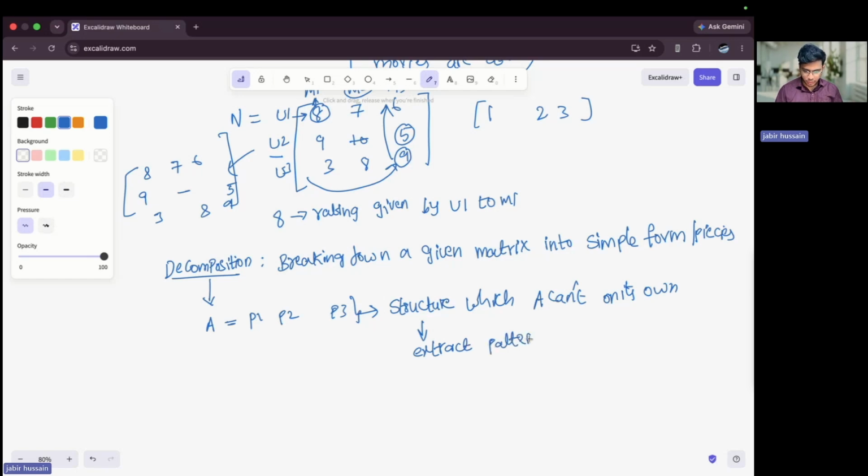Initially we are going with definitions, so this might feel a bit slow, bear with me, but as we go along in the session, everything is going to be crystal clear.